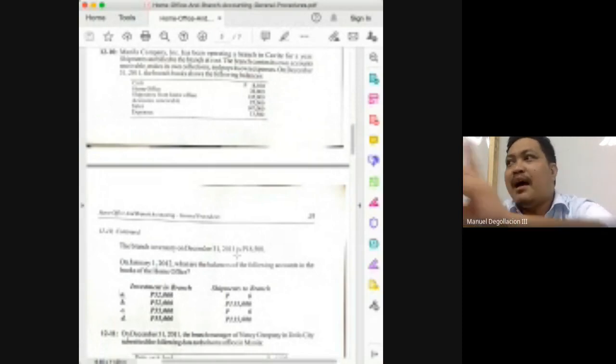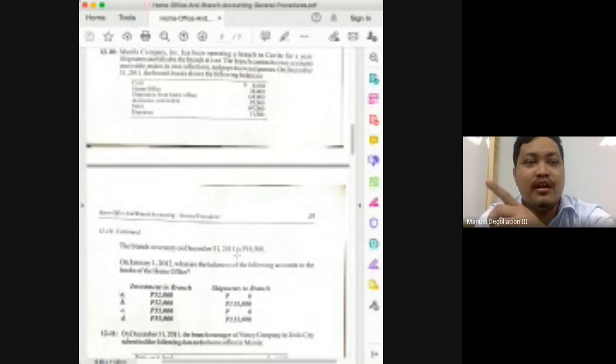If it's the beginning balance of the next year, should it already reflect the profit or loss of the previous year? Yes. So that's why we cannot rely on this 35,000, because this was before the profit or loss was closed to the home office account. Okay? But again, should the home office account and the investment in branch have the same balance?